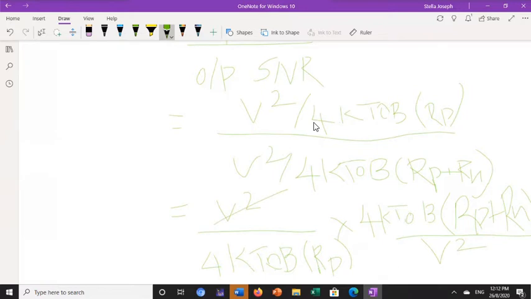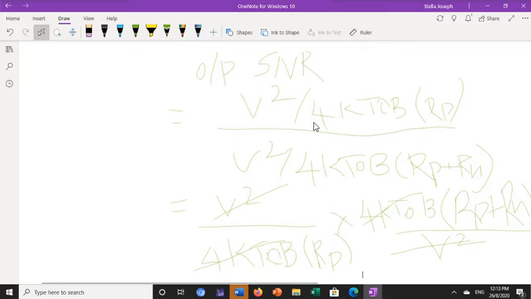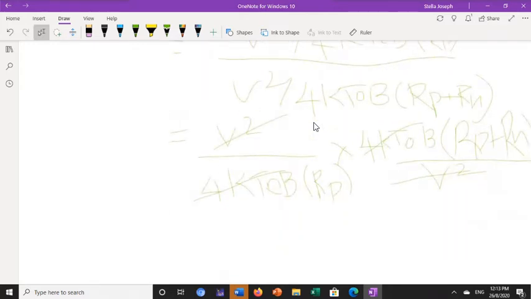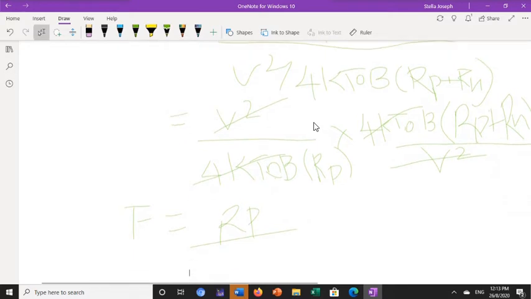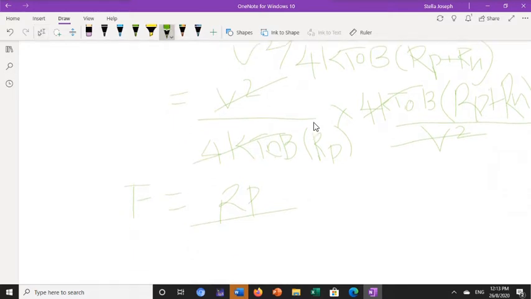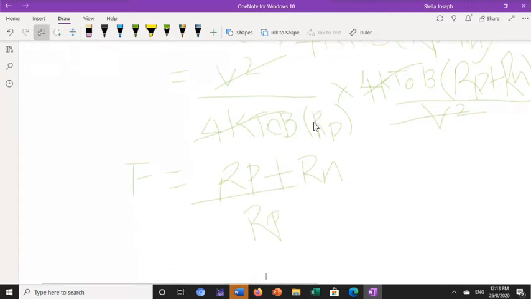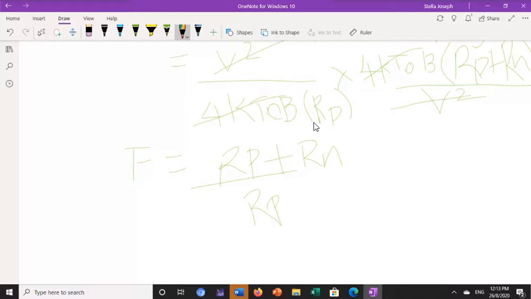So this and this will get cancelled. So what is my noise factor value? My noise factor value will become Rp divided by Rp plus Rn divided by Rp. So now, see, consider if my noise resistance is 0.